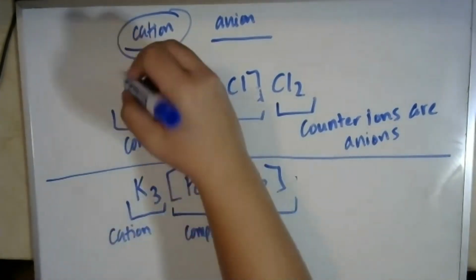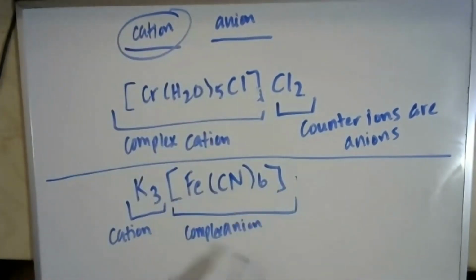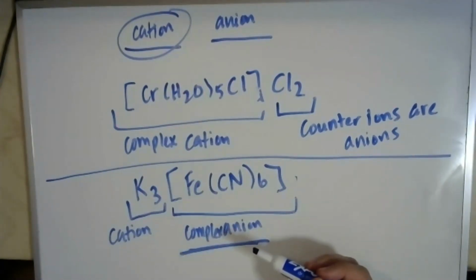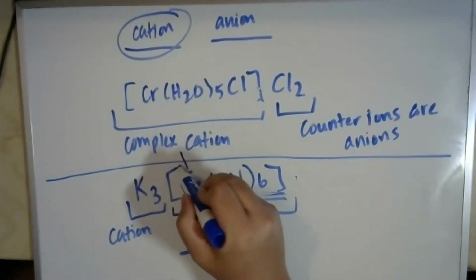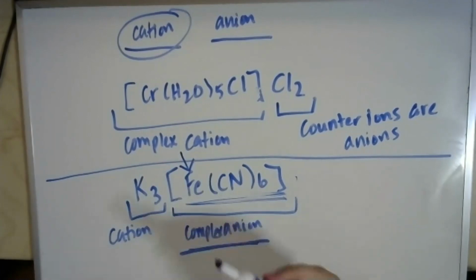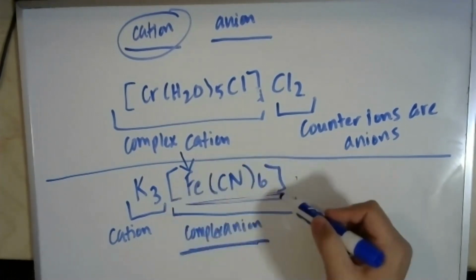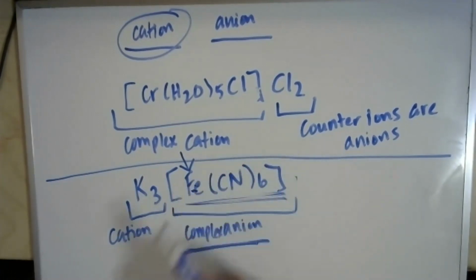What's also true is that within your brackets, even if you have a complex anion, meaning it has a negative charge overall, the charge on your metals are always going to be a positive charge. Your metals aren't going to have a negative charge. So even if the metal is part of a complex anion, the metal itself is still going to have a positive charge. All right.